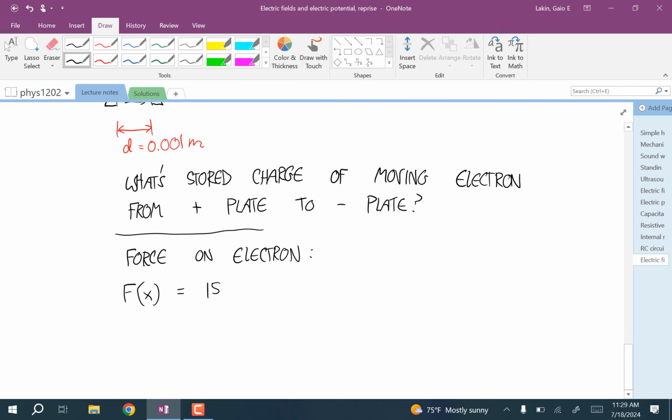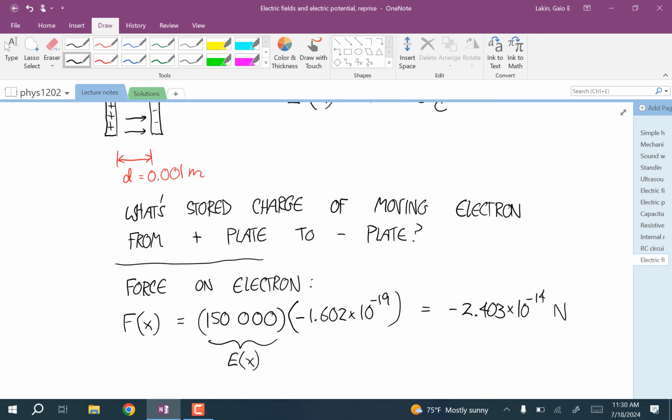And what you get is negative 2.403 times 10 to the minus 14 newtons. Okay, that's an impossibly small amount of force, but we're applying it to an impossibly small object.